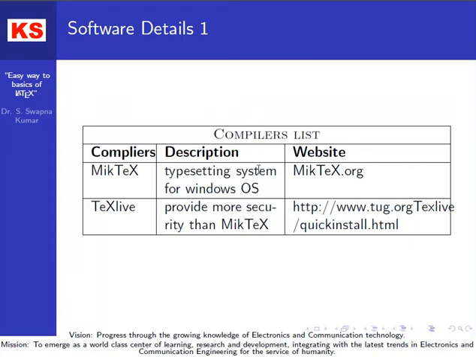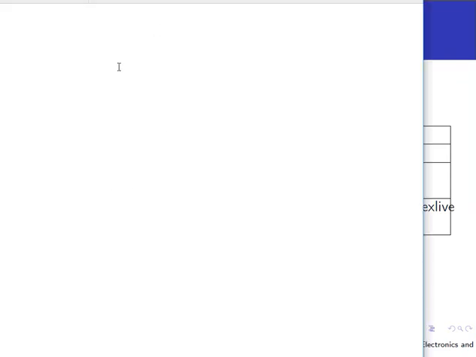Once you download it, it runs on top of these, and thereby produces the output. So for a very simple understanding, let me show you how the editor looks. This is how the TeXworks editor window looks. It is just like a plain window. You can assume it is like a Notepad.